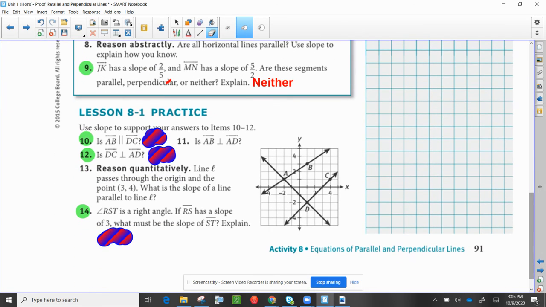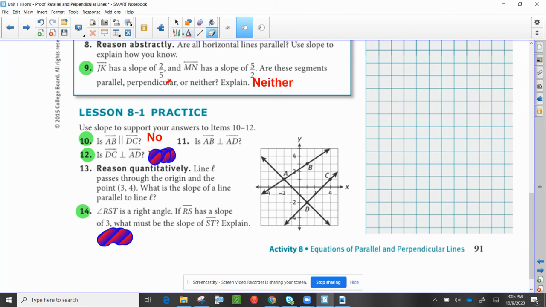All right, let's look at 10. We're going to do 10, 12, and 14 here. Number 10 says, is AB parallel to DC? Check those slopes, and if they're parallel, remember they have to have the same slope.